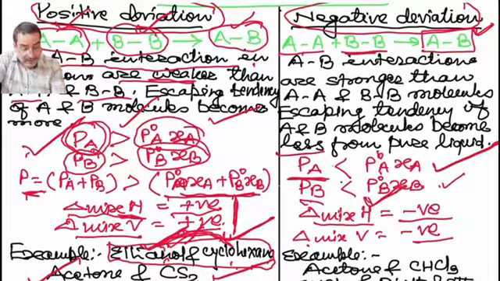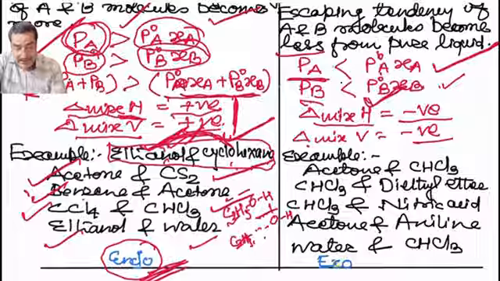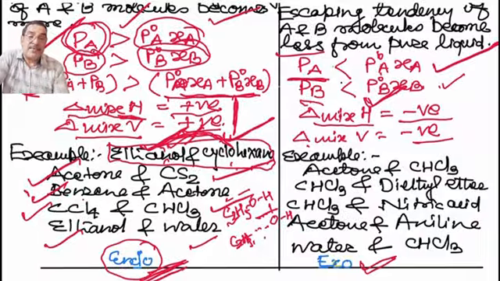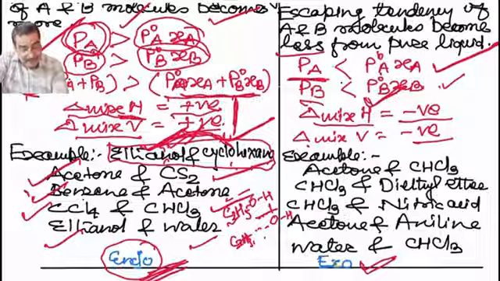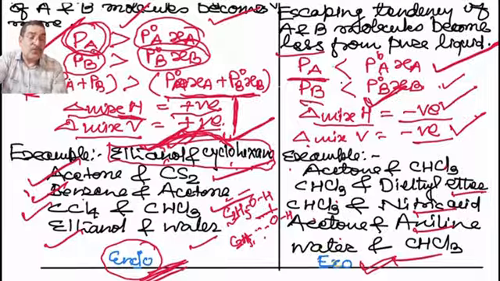Here again you see, when there is less escaping tendency, the mixing is exothermic in nature. If it is exothermic, delta H must be negative and delta V is negative. See examples: acetone and chloroform, chloroform and diethyl ether, chloroform and nitric acid, acetone and aniline, water and chloroform.